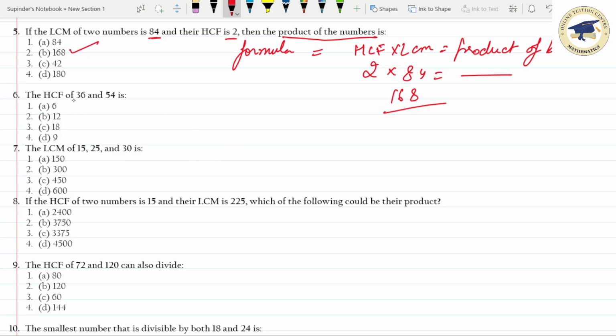Sixth, find the HCF of 36 and 54. So check what the HCF of 36 and 54 could be.